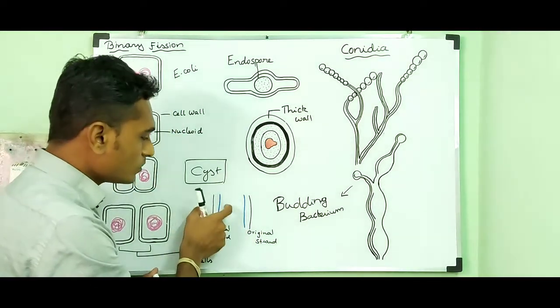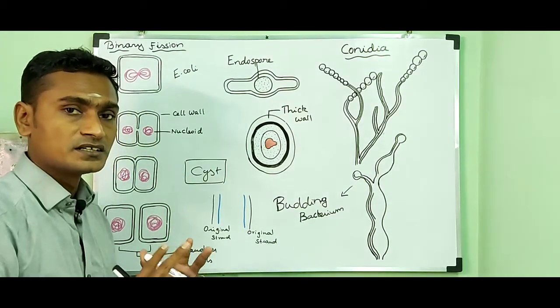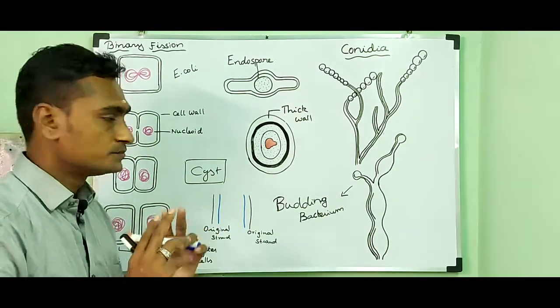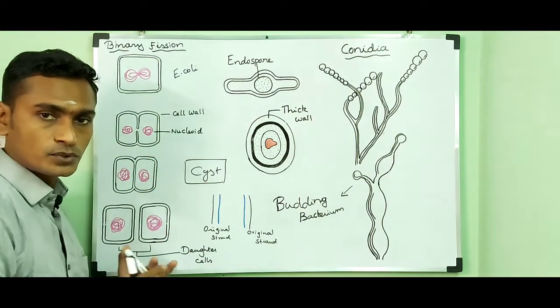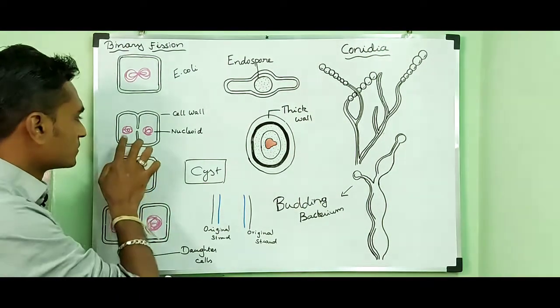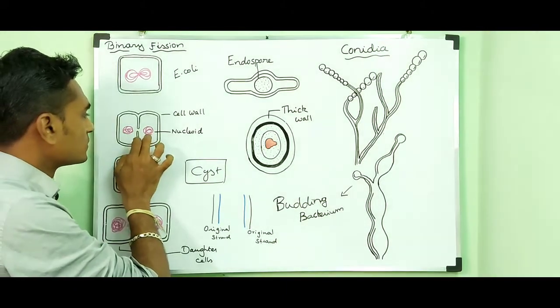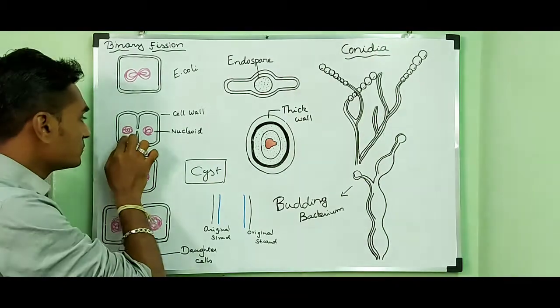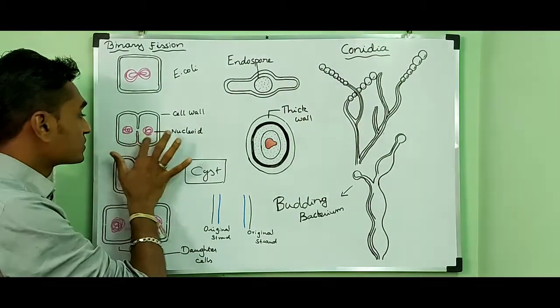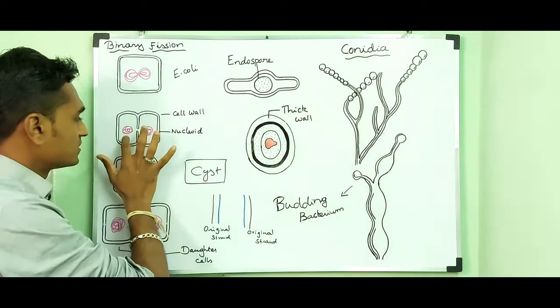These two identical double-stranded DNA are distributed to the poles of the dividing cell.